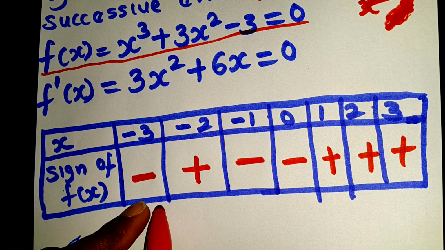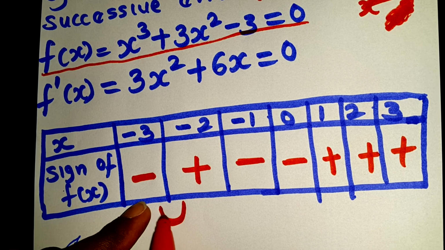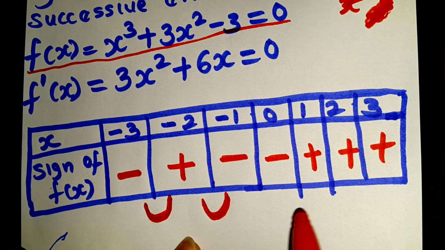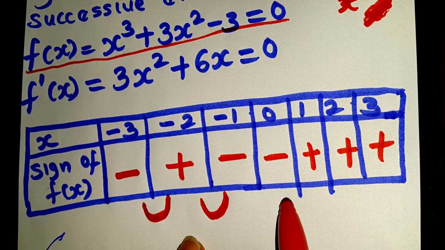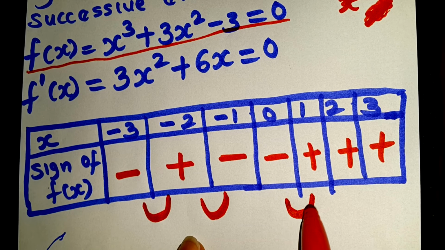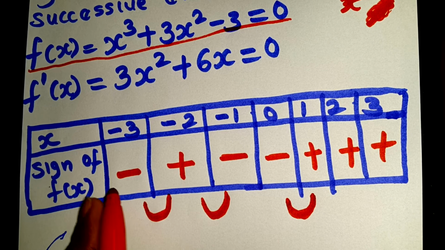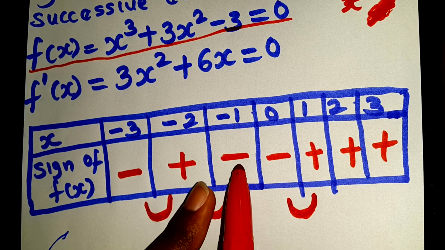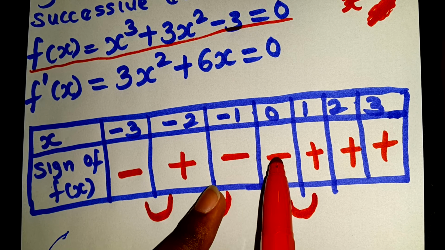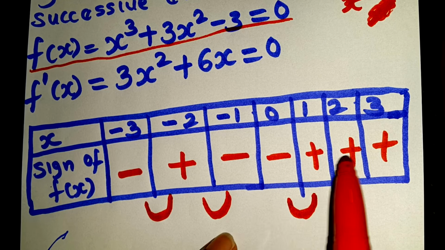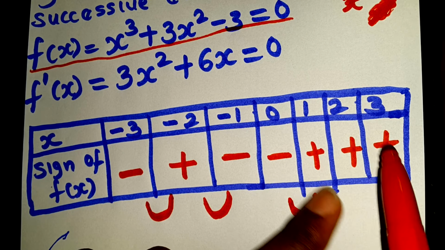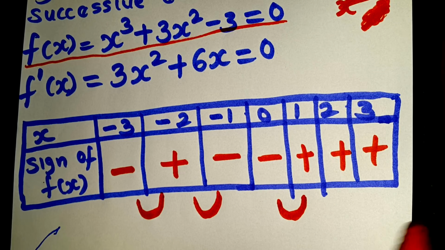So it changes here, it also changes here. As you can see, from negative to positive, then here from negative to negative, so it's not changing here. From here to here is changing, from here to here is not changing.